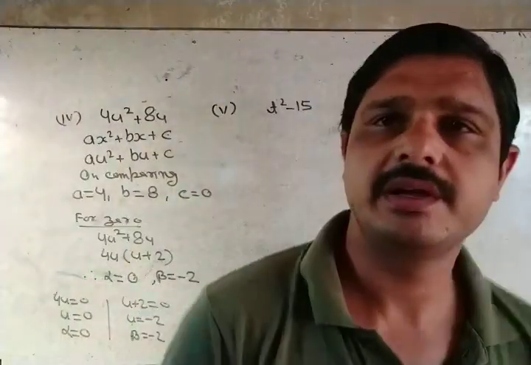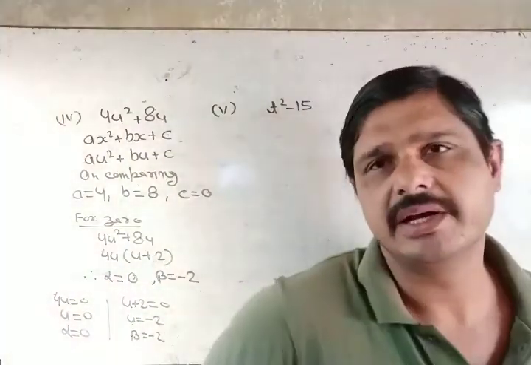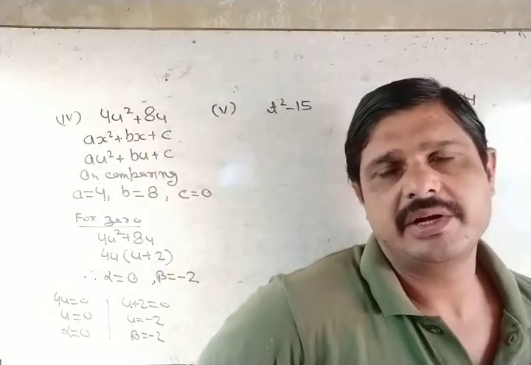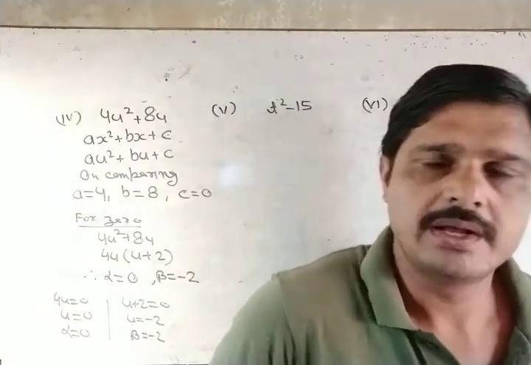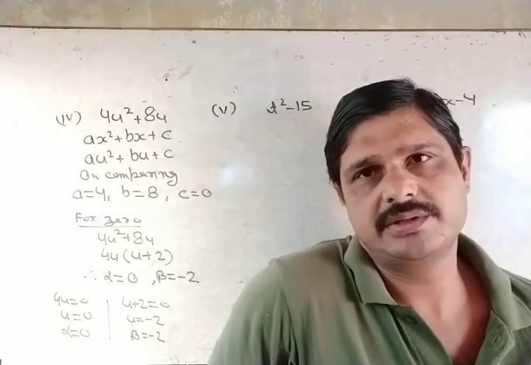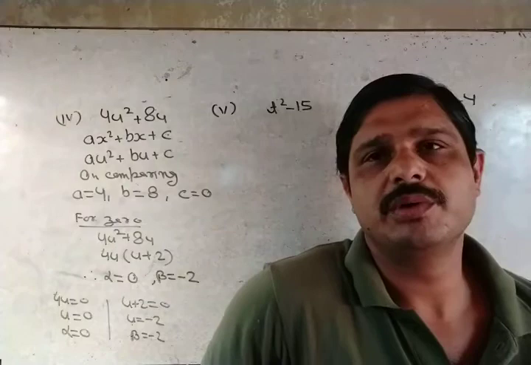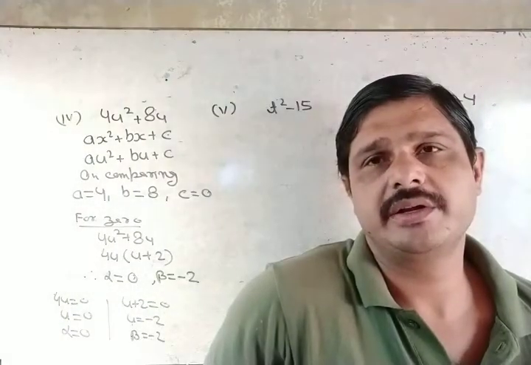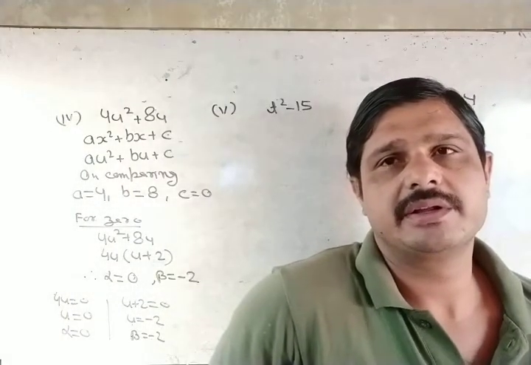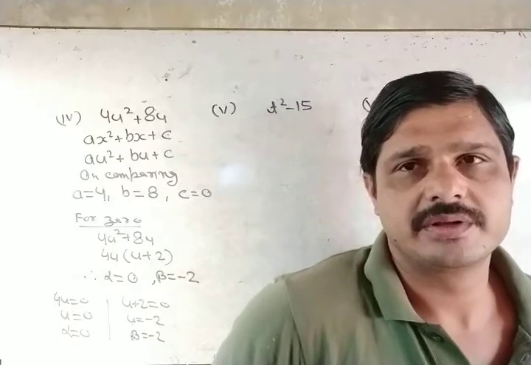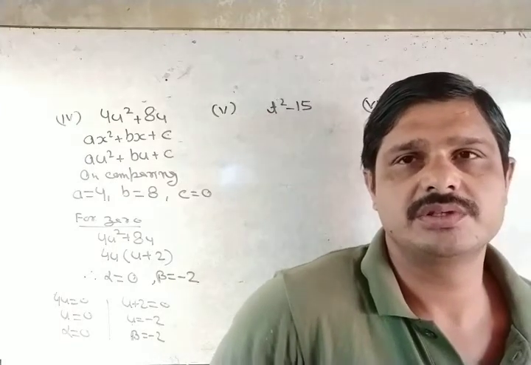Don't worry, students, regarding alpha and beta. Alpha and beta can be new for you, but these are chosen as the roots of the polynomial, so that there is no need to write different names by other people across the world.